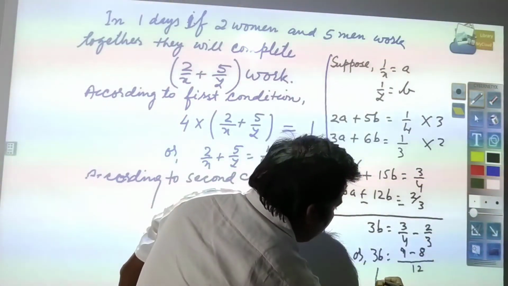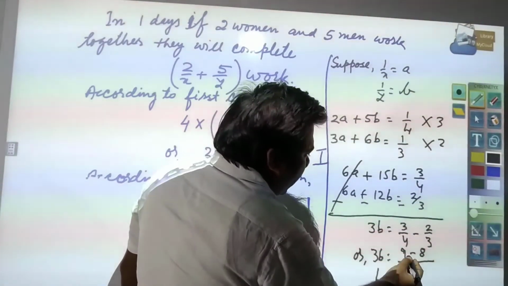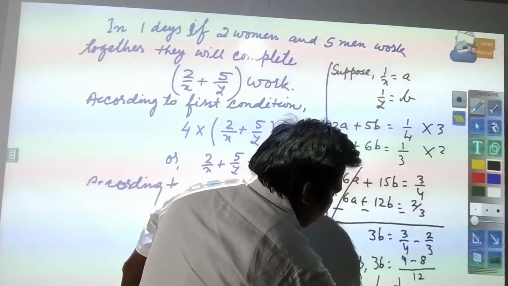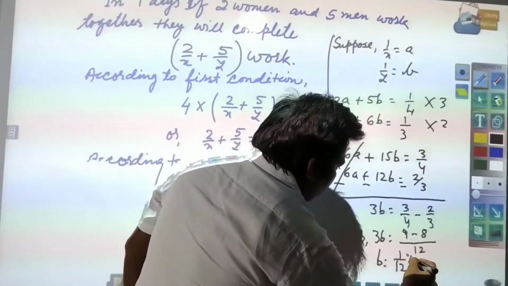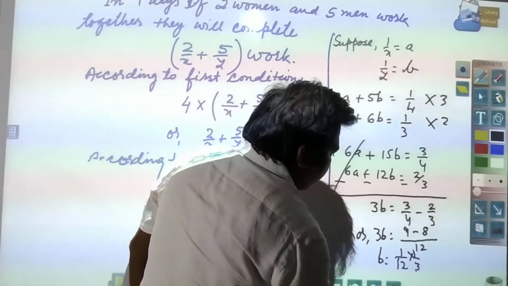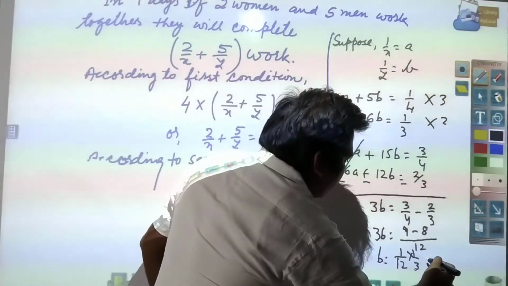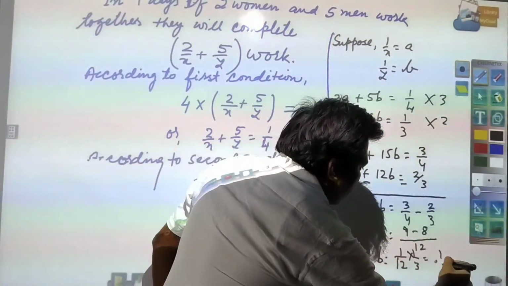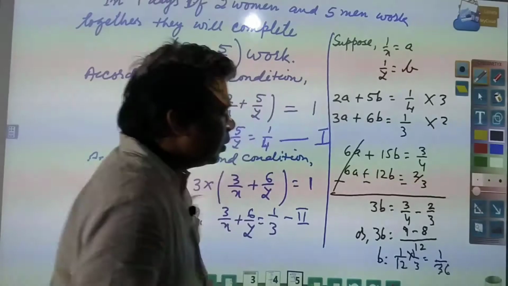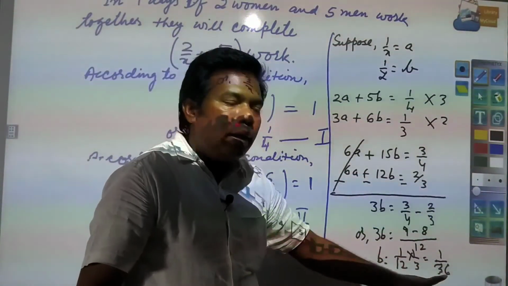So b will be equal to 9 minus 8, which is 1 by 12, into 1 by 3. So b is equal to 1 by 36.